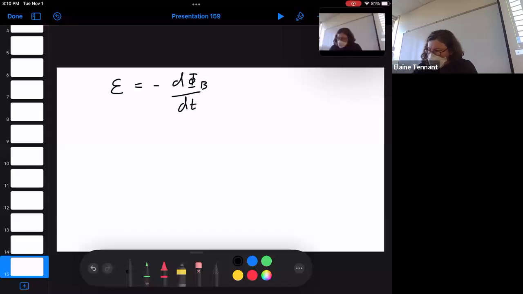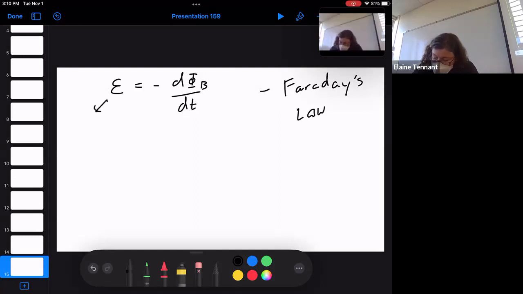Okay, so this is Faraday's law. And so let's look at this. This is an EMF. So that's like a voltage. We're going to relate it to electric fields in a little bit. But very, very electrical concept.